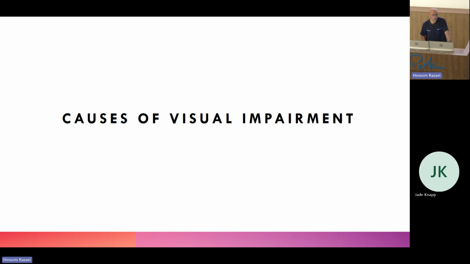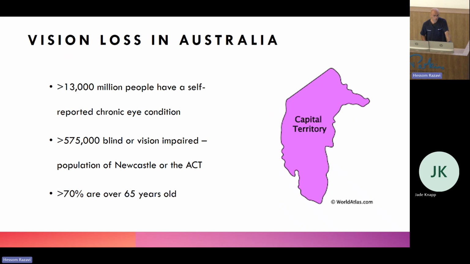If we're happy with that, let's move on to the causes of visual impairment. So in Australia, about half the population have a self-reported visual problem. And that might be as simple as, I need a pair of glasses, right? But as far as who's blind or vision impaired, it's just over 500,000 people.